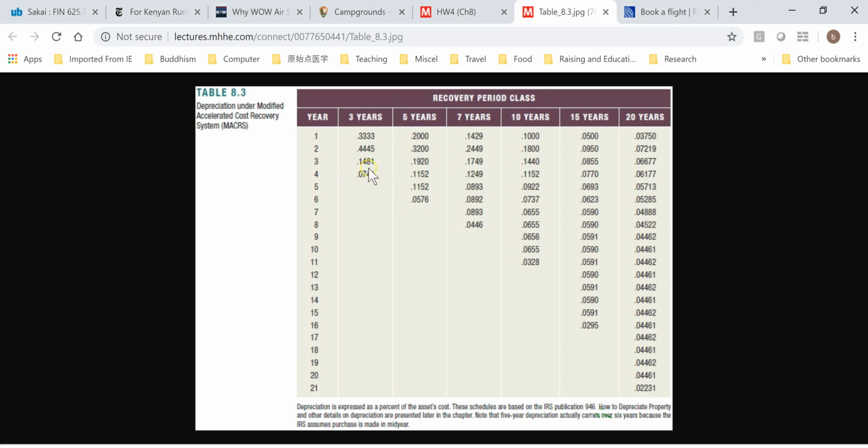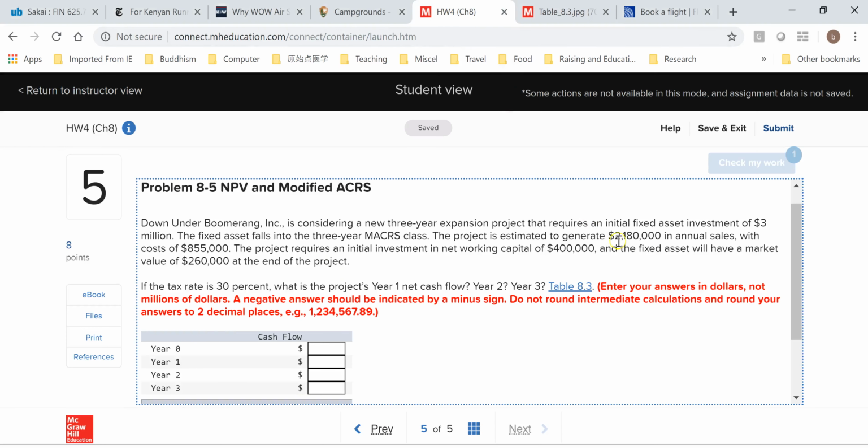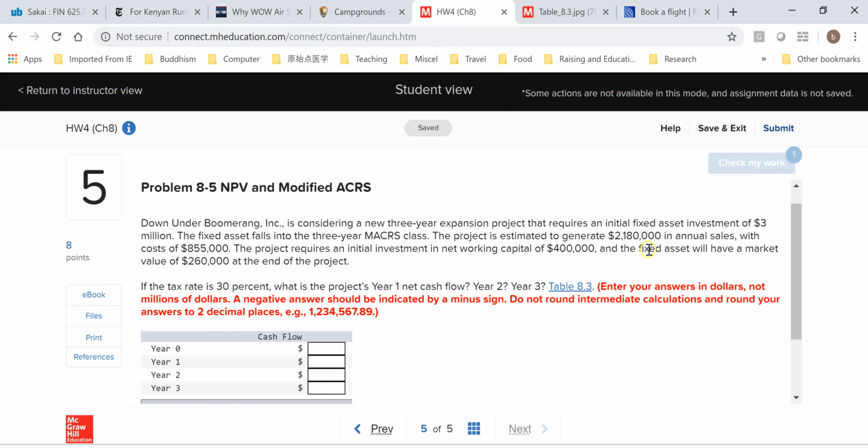So you can see that the 3-year MACRS schedule actually will be fully depreciated over not 3 years, but 4 years. That means after 3 years, the equipment or the initial investment still has some book value left. Why does this matter? Because the last sentence of the first paragraph says that the fixed asset will have a market value of $260,000 at the end of the project. So that means we expect the asset can be sold at this price.